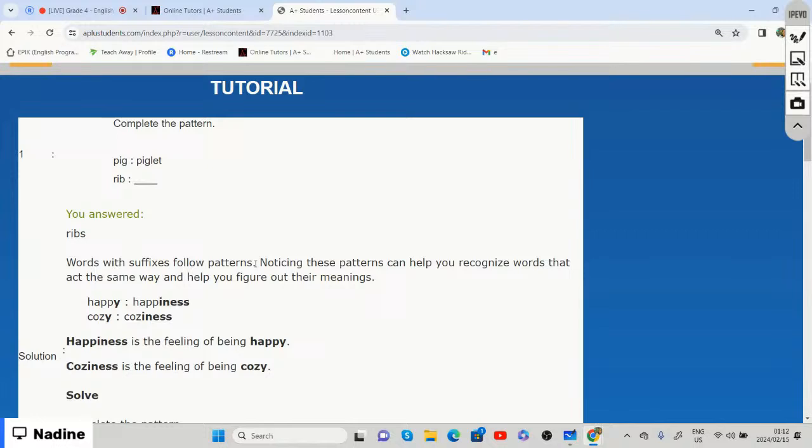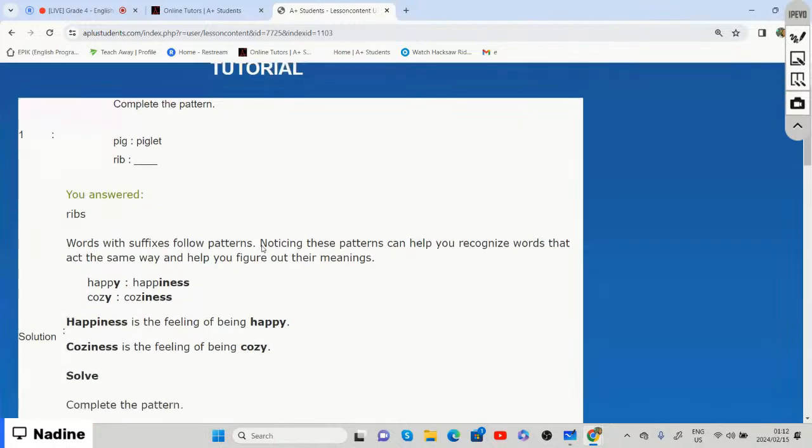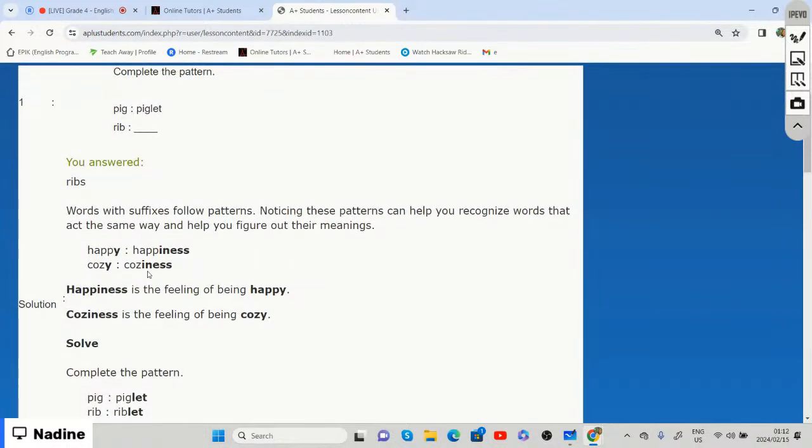And words with suffixes, they follow patterns, right? And we said noticing these patterns can help you recognize words that act a certain way and help you find out their meaning. And we made an example of happiness and coziness, right?